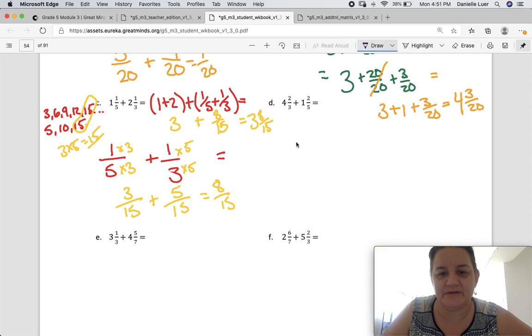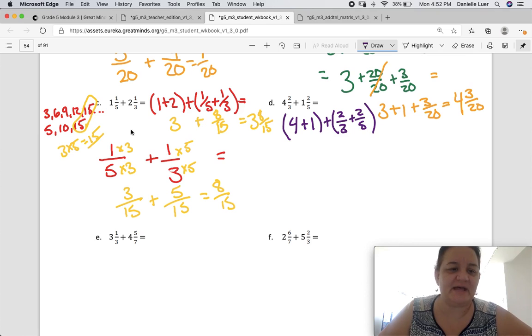4 and 2/3 plus 1 and 2/5. Well, I think I'm going to rewrite my problem, two-thirds plus 2/5, but this time I'm going to use my number line as well. So 3 and 5, I already know that 15 is my lowest common denominator.